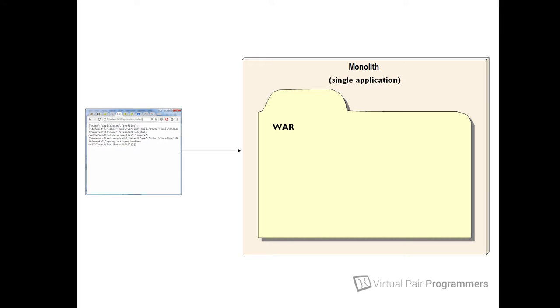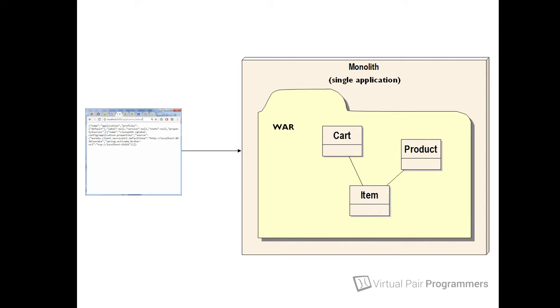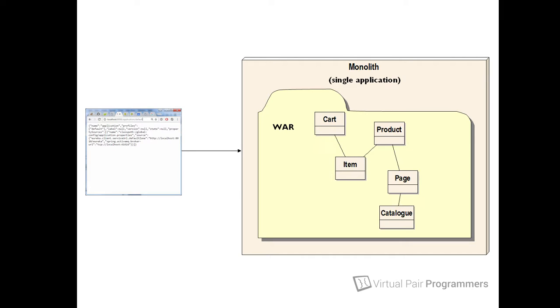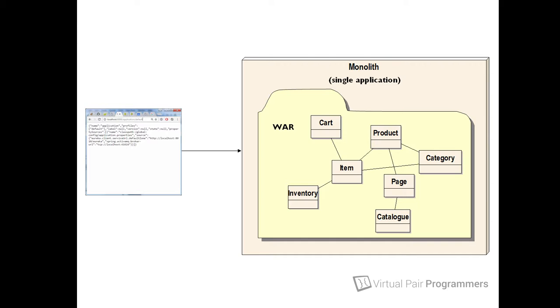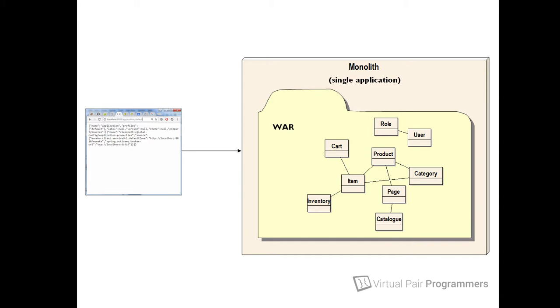I'll go for an easy example. If this was a shopping site, then inside that WAR file, you would typically find code for things like shopping cart management, catalog management, sales, inventory management, authentication. We'd have some kind of back-end administration.